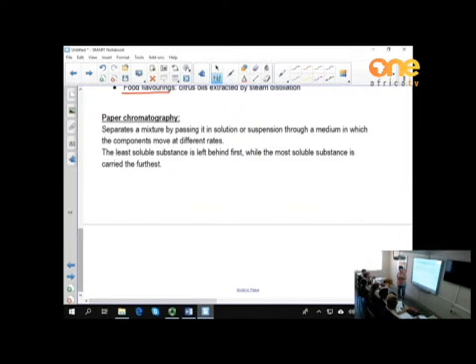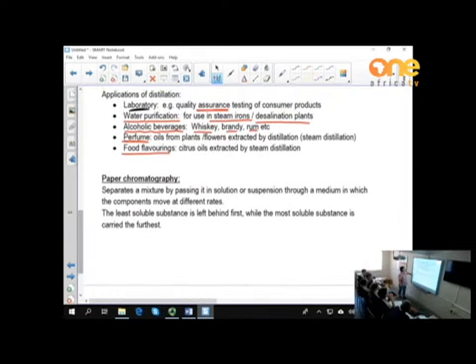Now, the next way of extracting substances or separating mixtures from each other is something known as chromatography. All right? Big words. Lots of new words to go and learn. Chromatography separates different substances in a mixture because different substances have different solubilities.